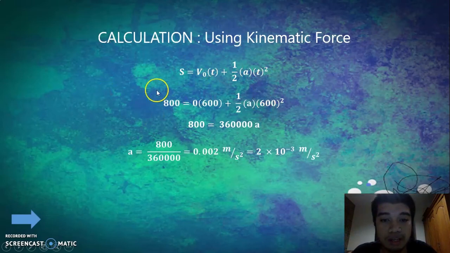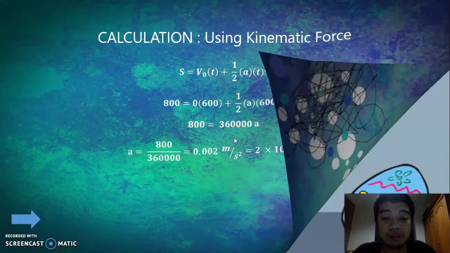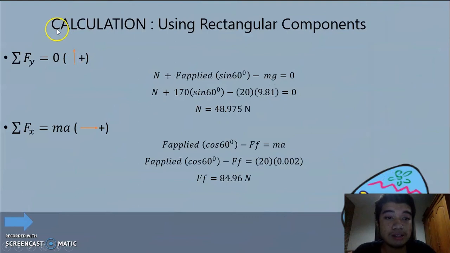we can get the acceleration. We solve it mathematically, and we got 2 times 10 to the minus 3 meter per second squared. Then the third part is the calculation using rectangular components. For this, you have to analyze the FBD, or free body diagram.